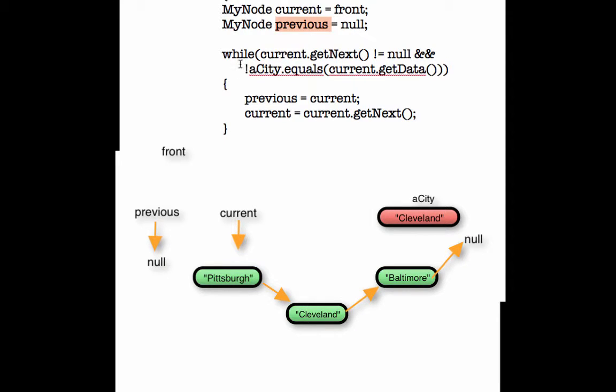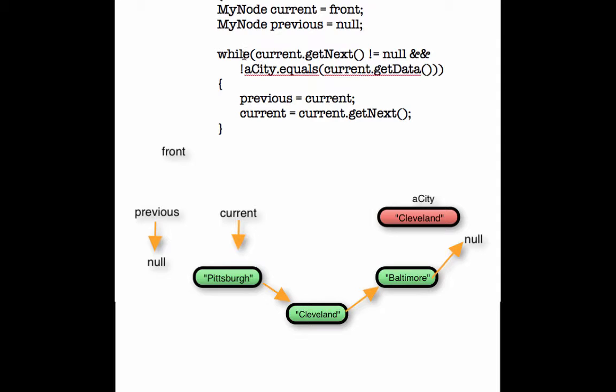Then I'm going to use a while loop because I don't know how many nodes I have to go through. I don't know where the value that I want to delete is located. So in my while loop, what I'm doing is trying to locate a node that has a value matching this parameter. So this is what this statement is doing here.